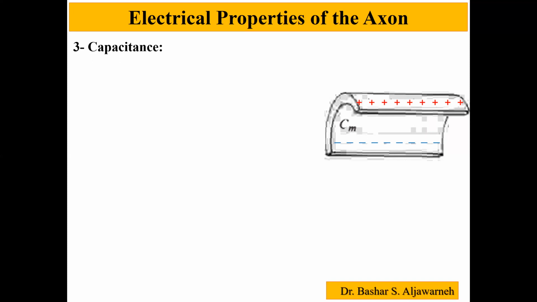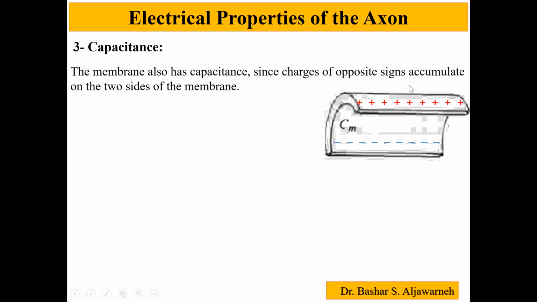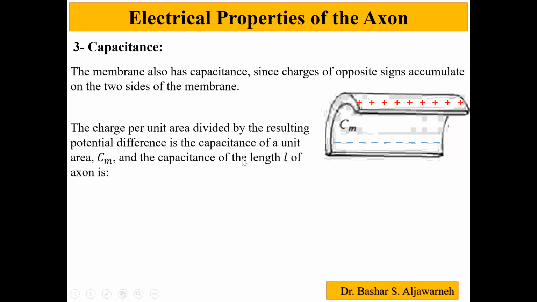Therefore, we can deal with this as a capacitor. Then we can calculate the capacitance of the axon, which is equal to C sub M times the surface area. Here, C sub M is defined as the capacitance of a unit area of the membrane.